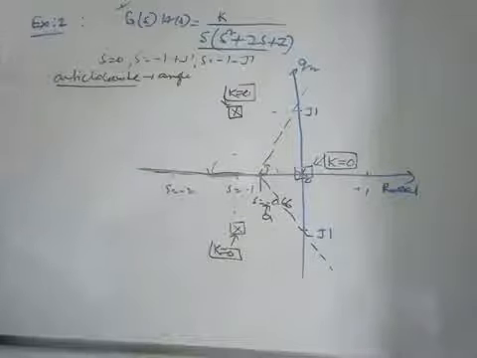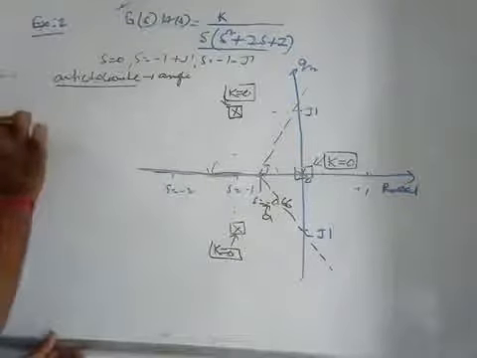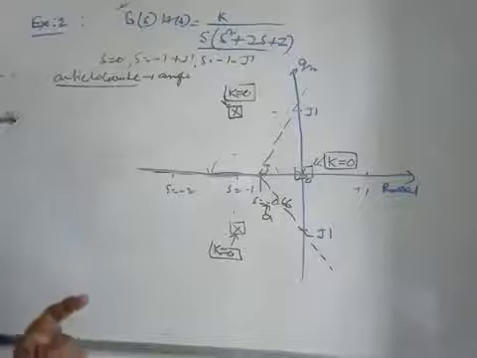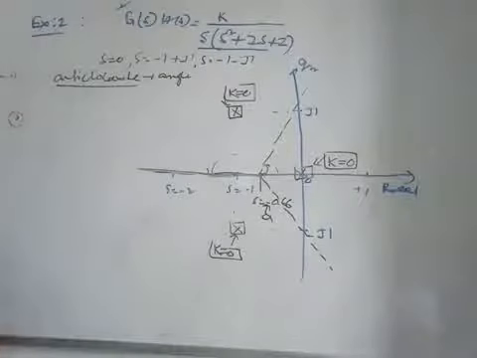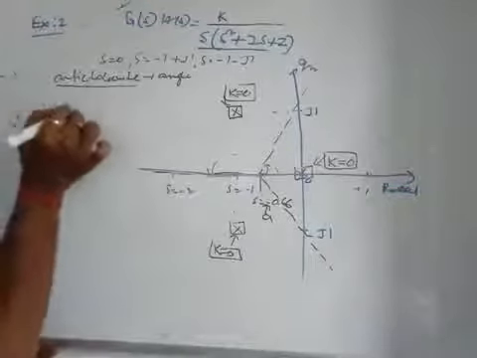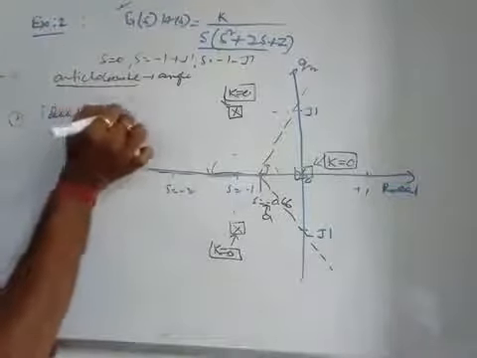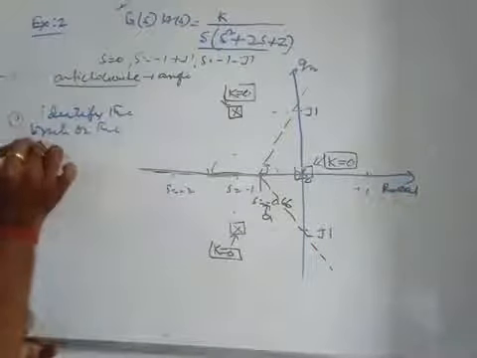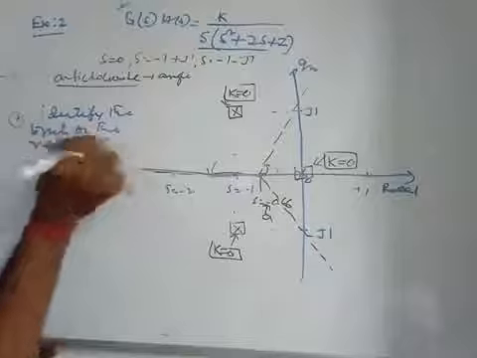And next, the point was you have to find the branches on the real axis. Branches on the real axis, that is very much important. So how to identify the branch on the real axis?